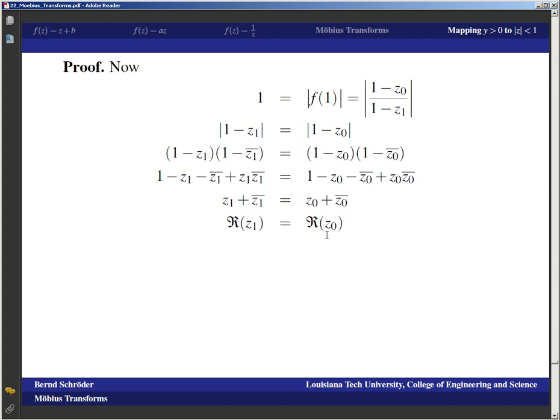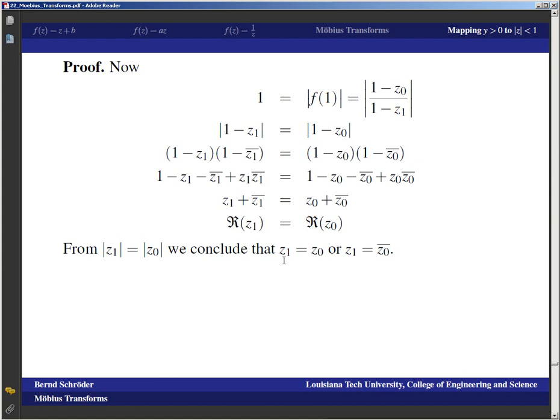And that means that the real parts must be equal, because after all, this just gives us twice the real part on either side, and then we just cancel the 2's. And because they have the same absolute value, if two complex numbers have the same absolute value and the same real parts, then the squares of the imaginary parts must be equal to each other, which means the imaginary parts must be either equal or negatives of each other.